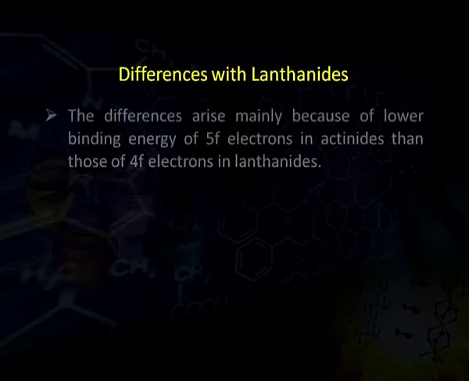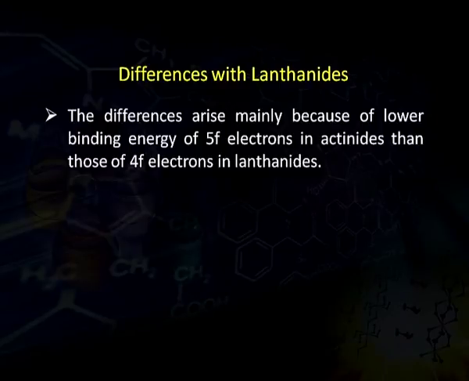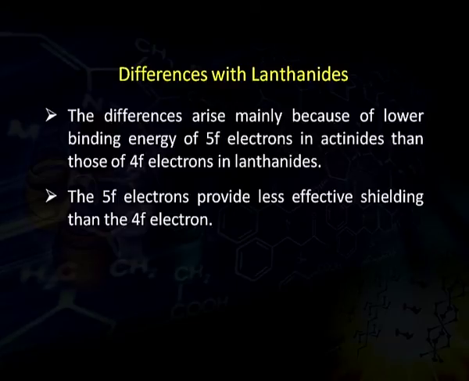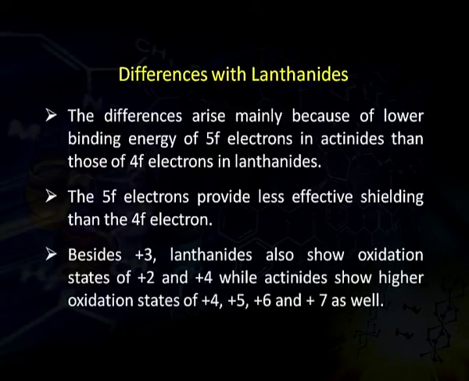Let us have an account of the differences between the two. The difference arises mainly because of the lower binding energy of the 5f electrons in actinides than those of the 4f electrons in lanthanides. The 5f electron provides less effective shielding as compared to the 4f. That is why the difference is available.